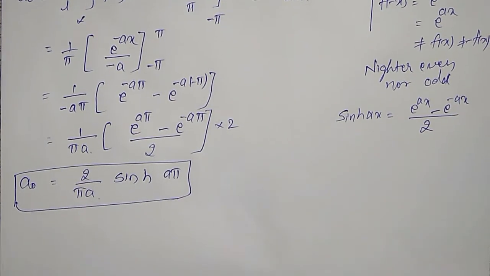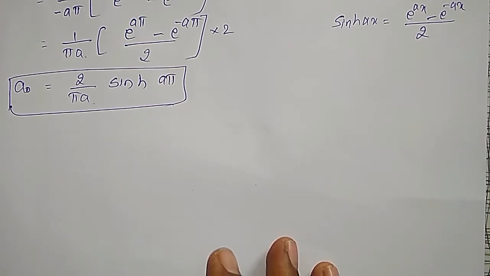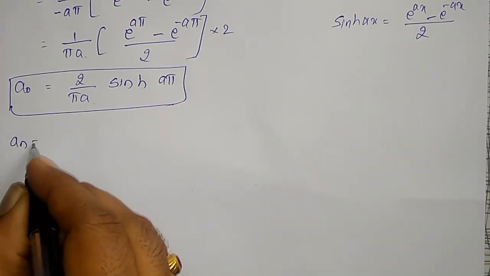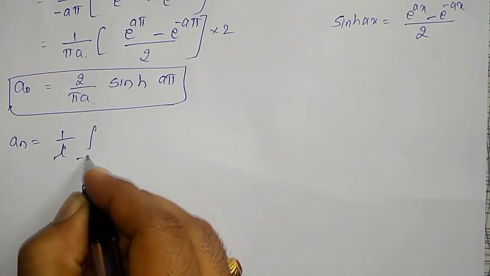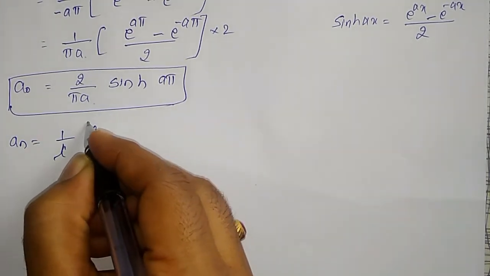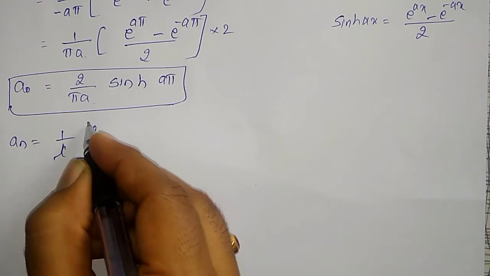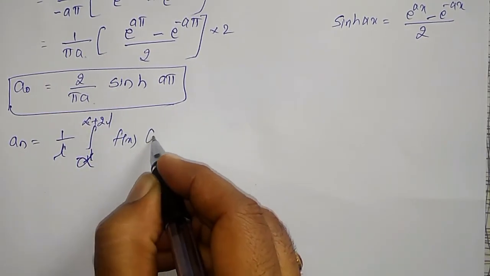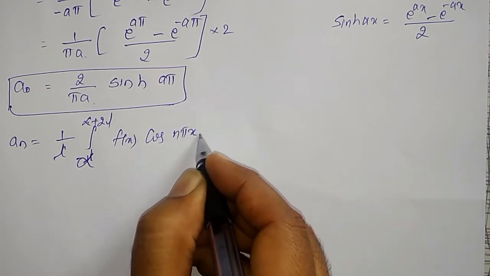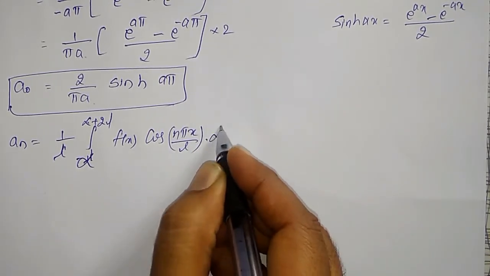Like that, an I have to calculate now. To find an, the formula is 1 by l integration from alpha to alpha plus 2l of f of x into cos n pi x by l into dx.